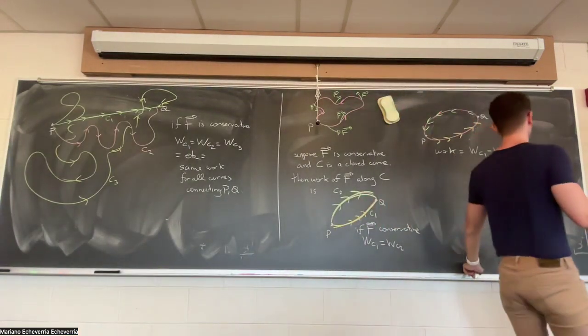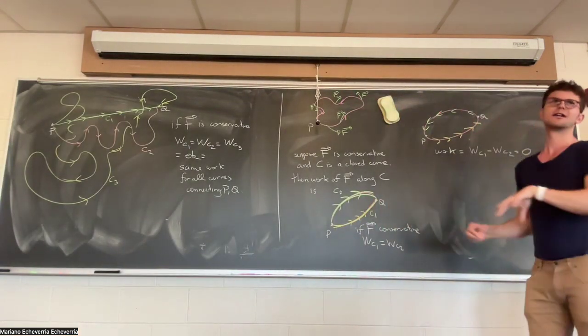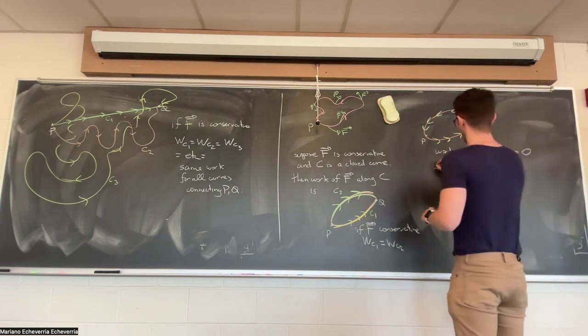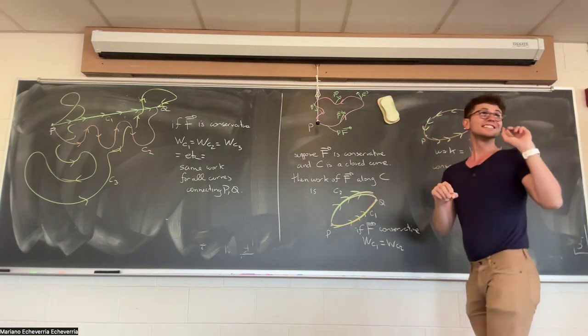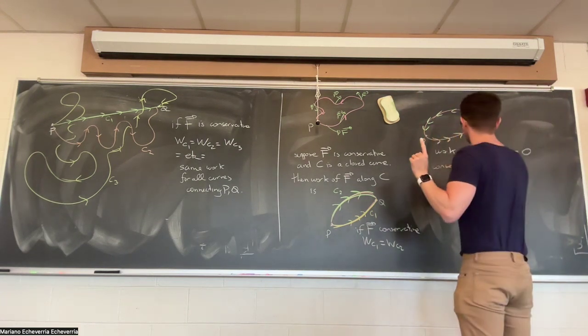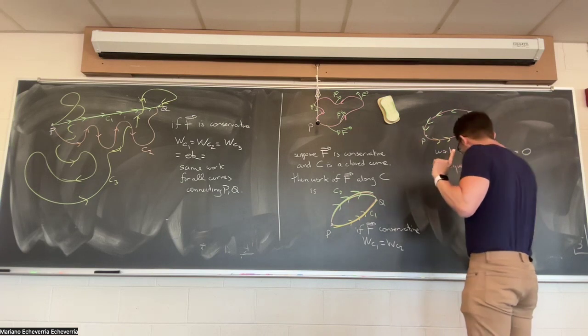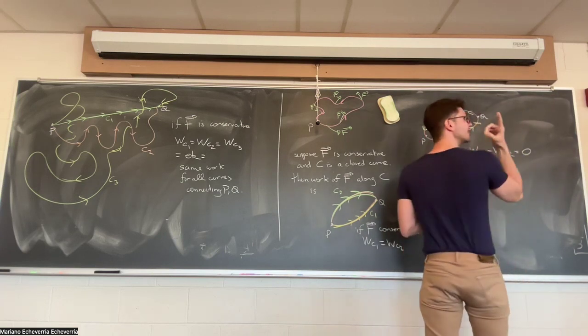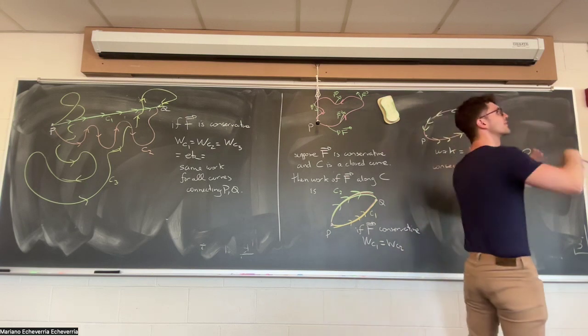So let me write it down in words. The consequence of this is that you just need one single curve. If you find at least one curve, you don't need to find a million, you just need one.